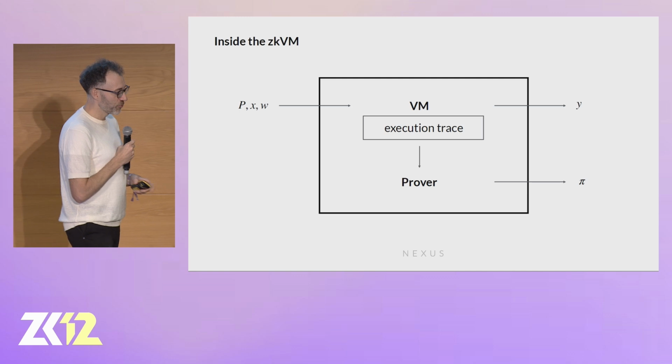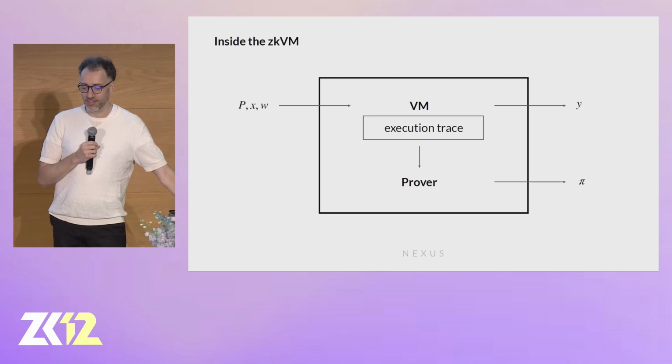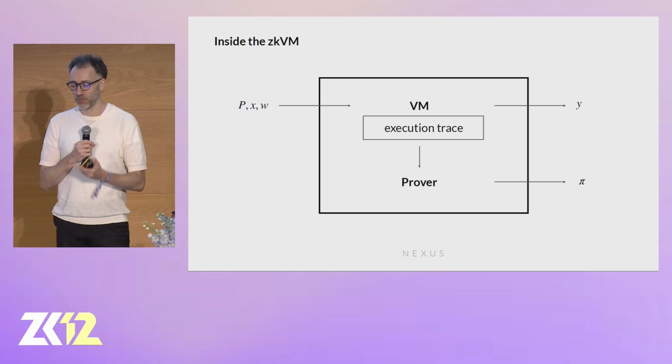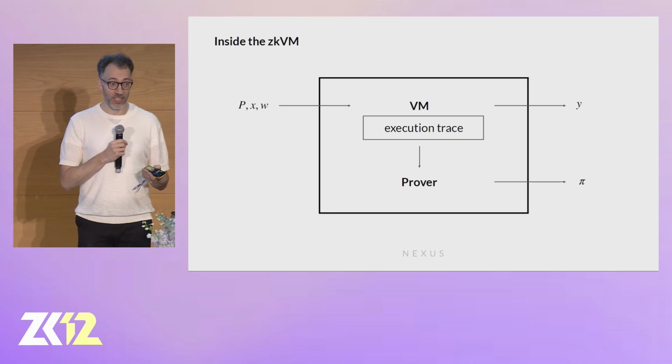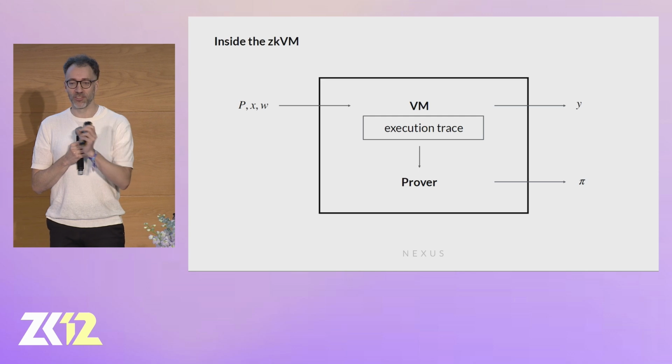Okay, if we peek inside the zkVM, a typical design is that you would have the virtual machine that produces an execution trace of every step that it executes and produces the output. And then you have a prover that looks at that execution trace and proves that there exists a valid execution trace.